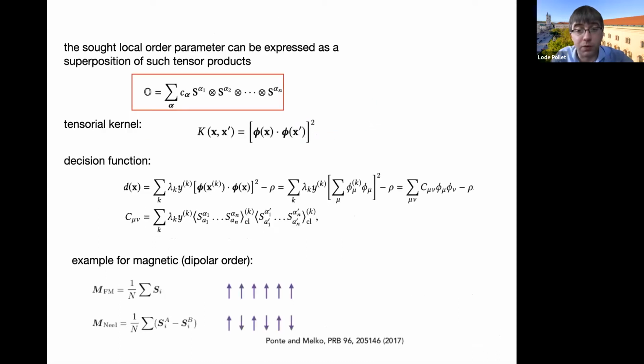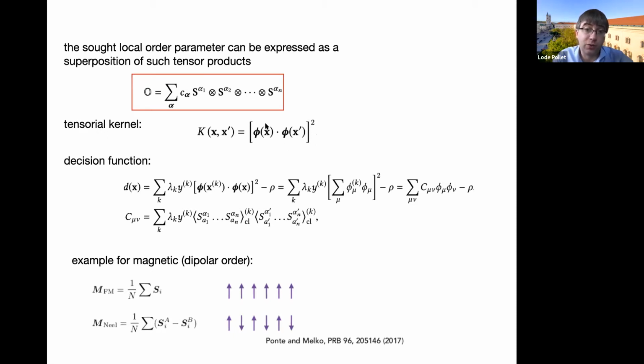I don't want to go into the math. The formula that you see here may look trivial, but it is really the key of why everything is working so well, because any local order parameter can be written in this construction.